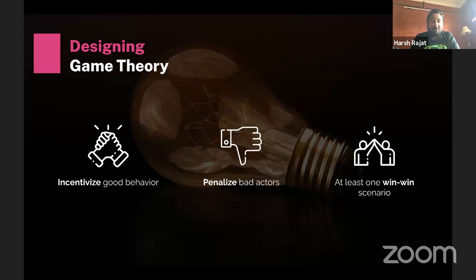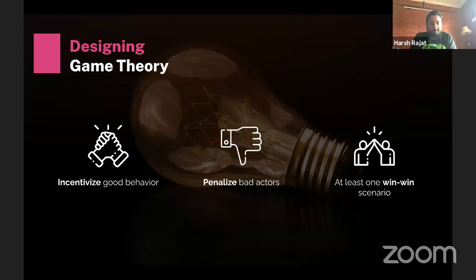As I said, game theory is almost everywhere, and you go through it in your day-to-day interaction. So an example of incentivizing good behavior, of course, is money. Money is a very good motivator. And a very good example over here is organizations when they offer you a job.